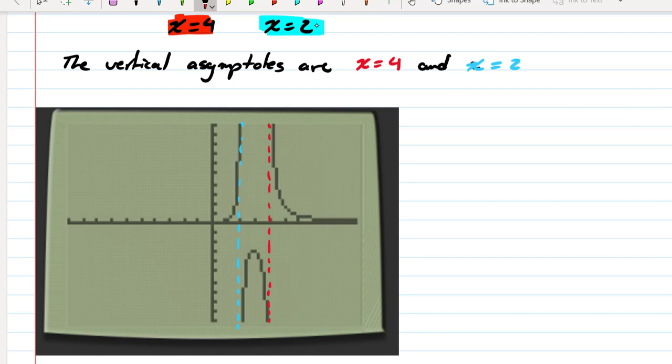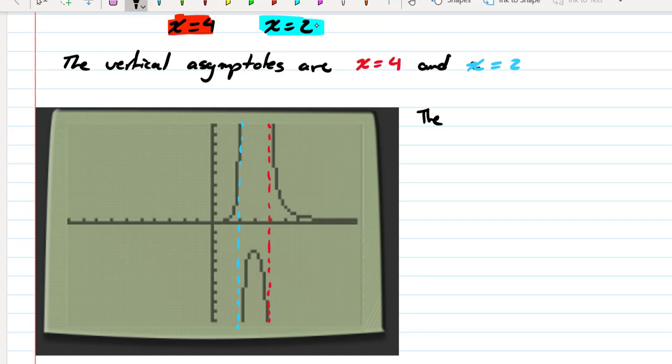So when I look at this picture, we notice something interesting happens visually. As my graph gets close to a vertical asymptote, what happens? It either goes up to positive infinity, or it goes down to negative infinity. So my graph is always going to approach either positive or negative infinity at a vertical asymptote.